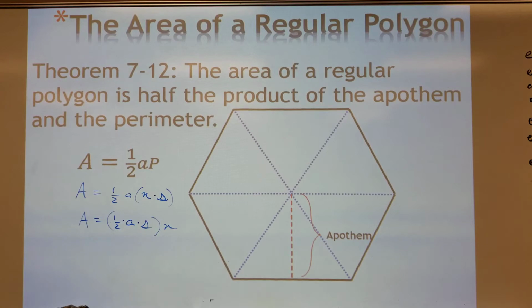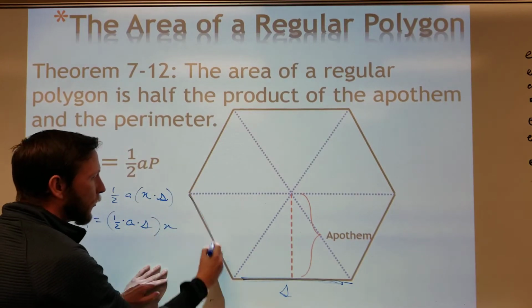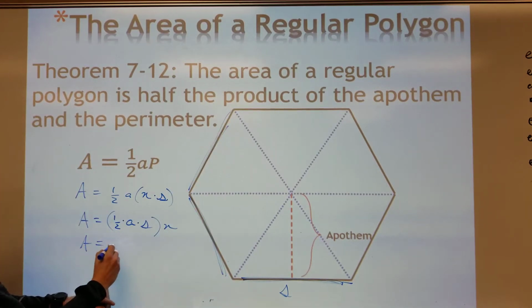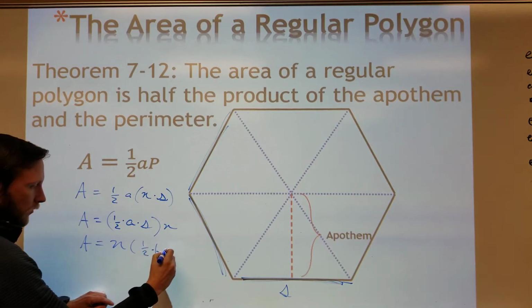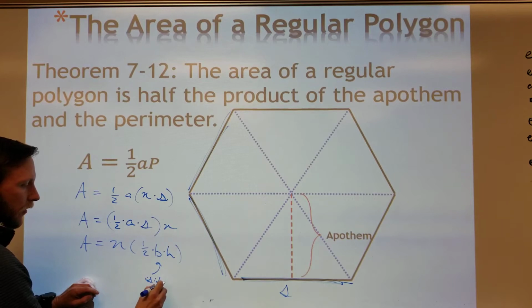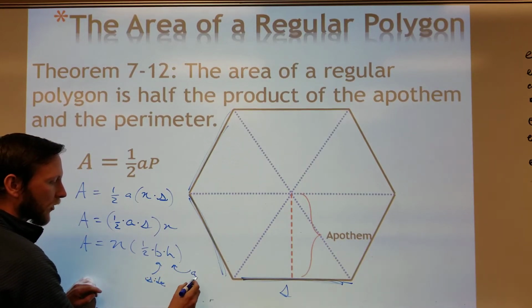Well, let's think about this. The side length here is the base of one of these triangles. This is the side length, whereas the height of each one of these triangles is our apothem.